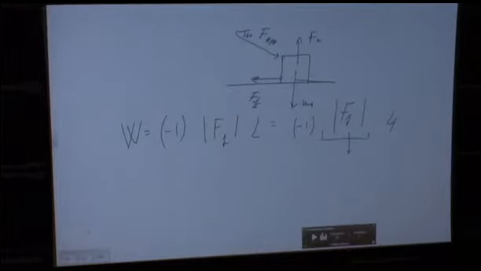So how do we calculate the force of friction? It has to be equal to the coefficient of friction times the normal force. How do we calculate the normal force? Well, again, would it be correct to assume that the normal force is equal to mg in this situation?